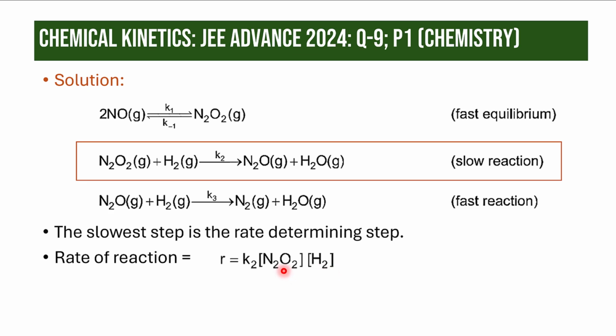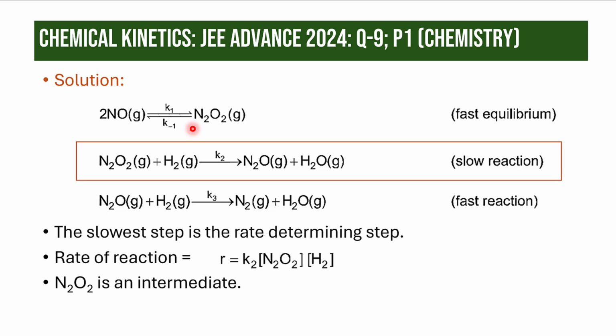But now N2O2, this N2O2 that is coming from the previous step, and this is used in this step. So this is basically an intermediate. If you see the overall reaction, in the overall reaction N2O2 does not appear. This means this is an intermediate, and we have to remove this from the rate expression.